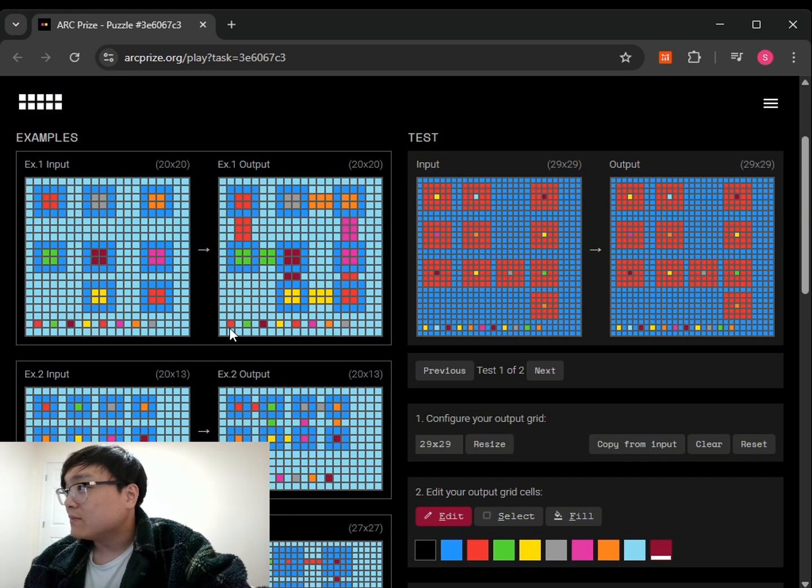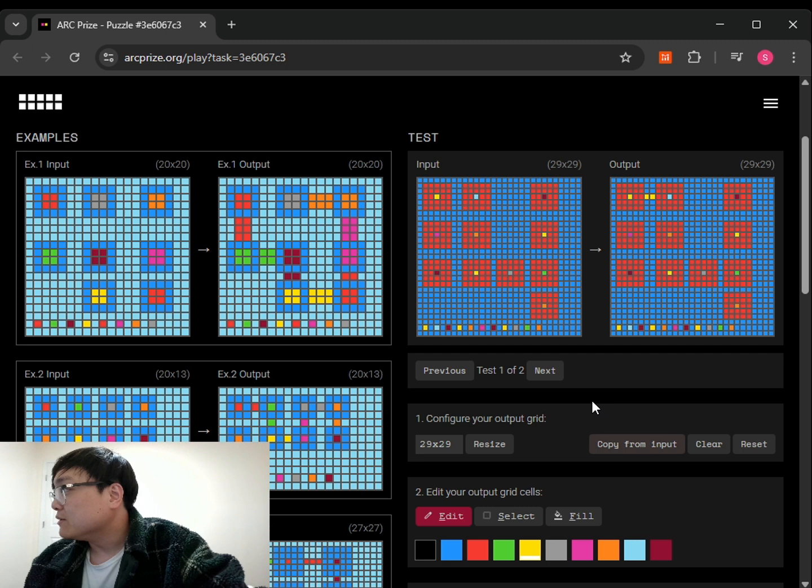I think that the color at the bottom shows the sequence of how you're supposed to connect it, and that looks about right. So let's see, yellow connects to light blue. Yellow connects to light blue, okay. And then light blue connects to dark brown.